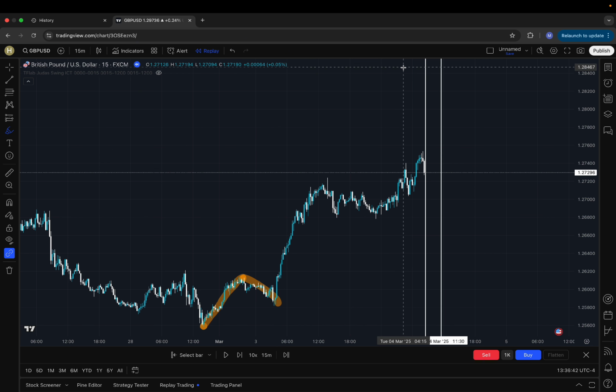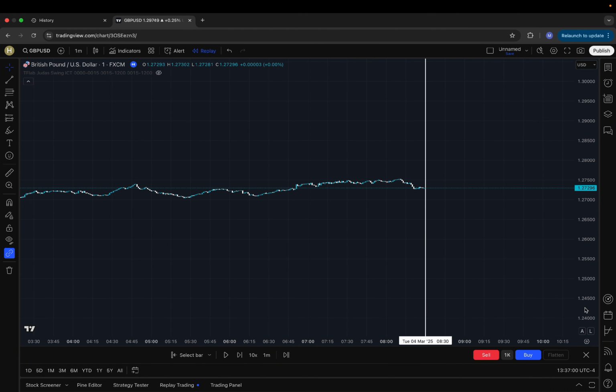So now that we've identified that the market is in an uptrend, we want to drop down to the minutes time frame to take our entry and wait for the liquidity sweep. So I'm going to drop down to the minutes time frame now and let's see what happens.